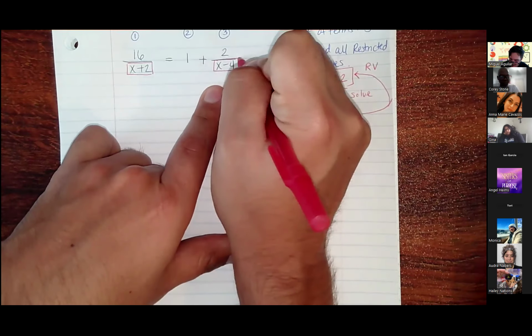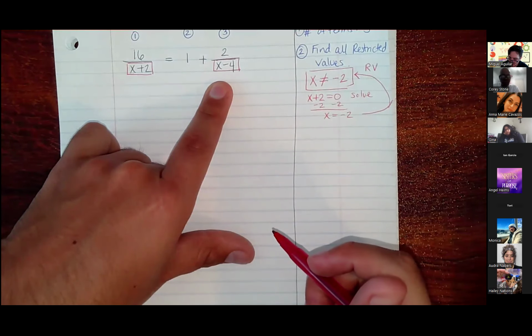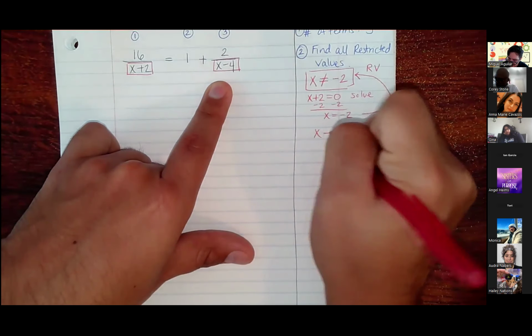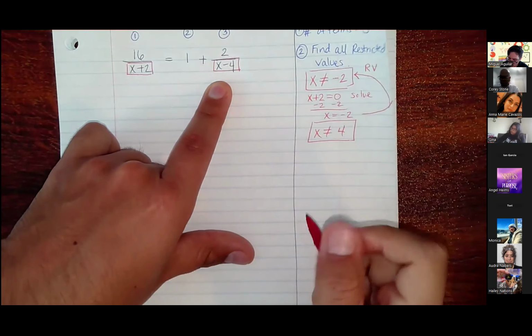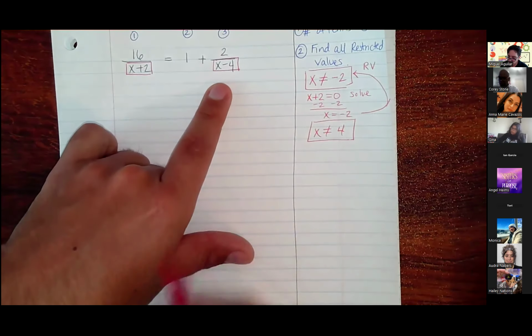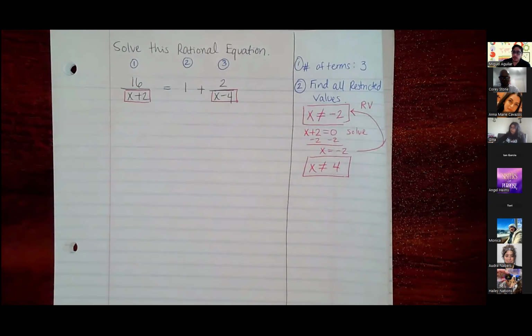This guy. Can you guys tell me what the restricted value is by looking at its denominator? 4. Yeah. 4. X cannot equal +4. Right? Because 4 minus 4 would give me a 0, and I don't want that.